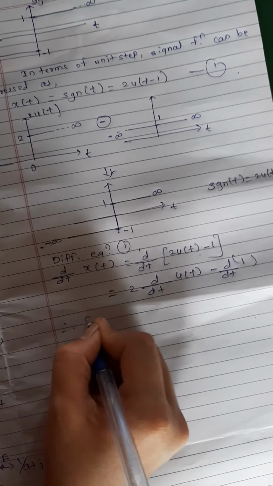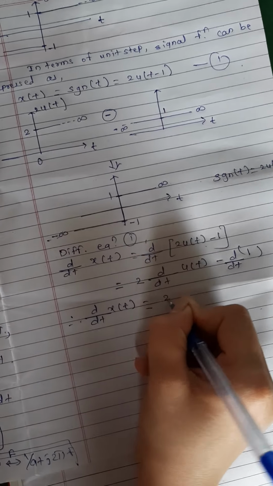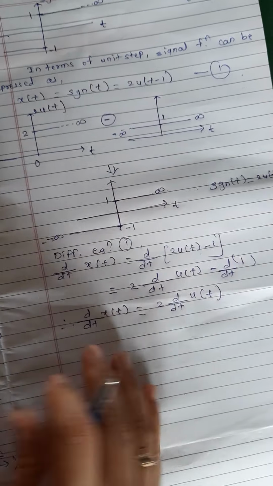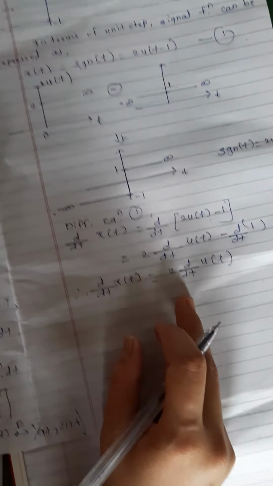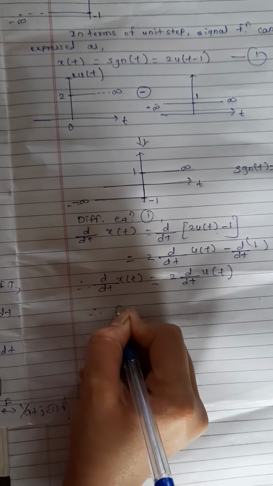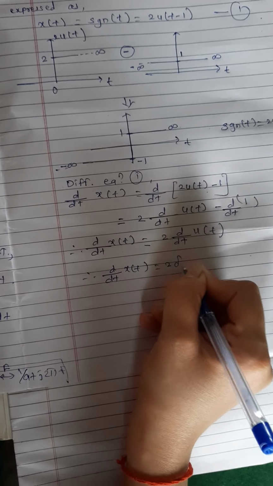So d by dt of x of t is equal to 2 d by dt of u of t. Now, what is the derivative of the unit step? The derivative of the unit step is the delta function. Therefore d by dt of x of t is 2 delta t.